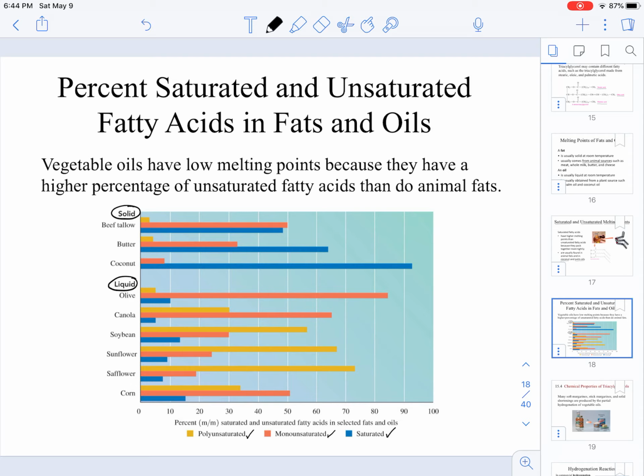Notice that having more saturated fat means a higher melting point, and it also means having a solid physical state at room temperature.